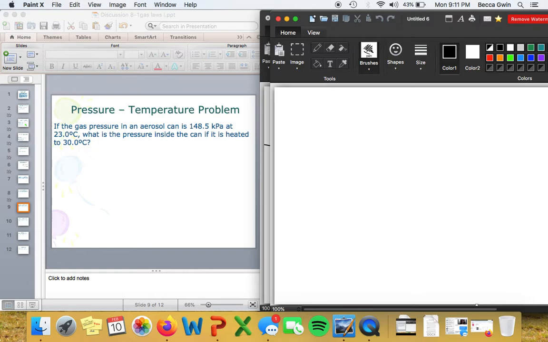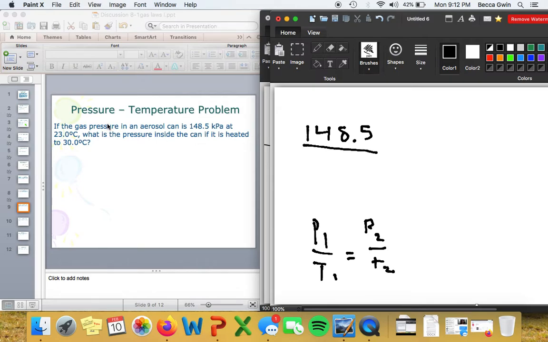What is the pressure? This equation, by the way, I'm going to write it down here: P1 over T1 equals P2 over T2. So I'm starting off with 148 kilopascals.